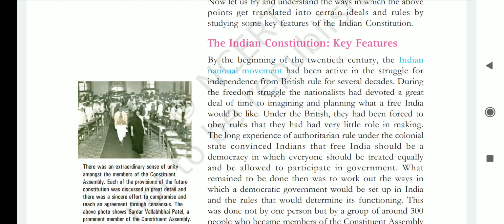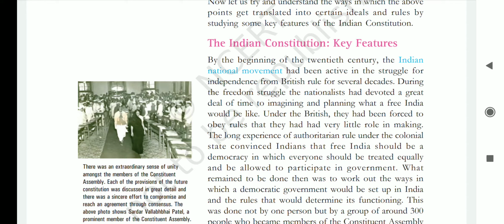Whatever rules were made by the British, we had to follow or obey. If we did not obey their rules, they would give us punishment and send us to prison. Understood? In this way we had to obey their rules, and our role in the British government was very little.